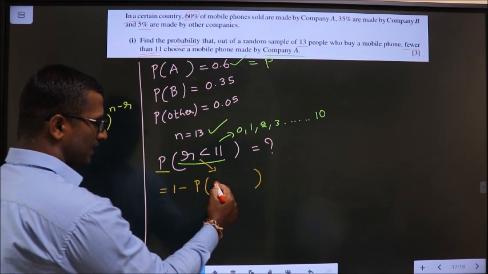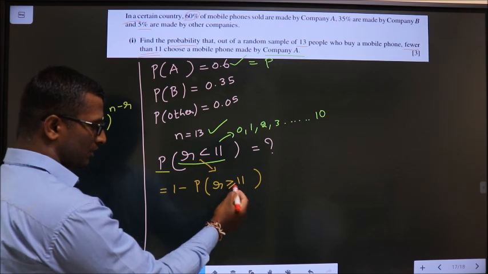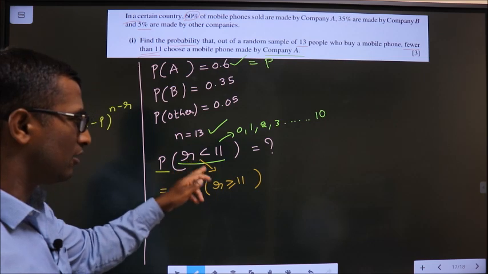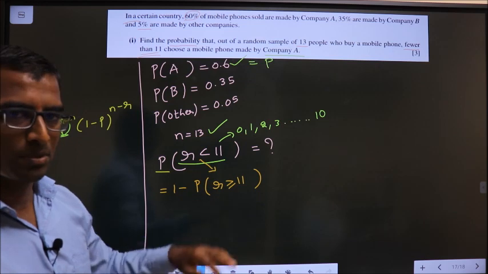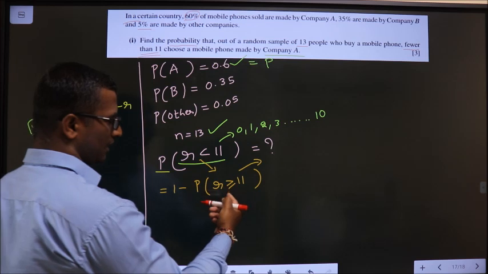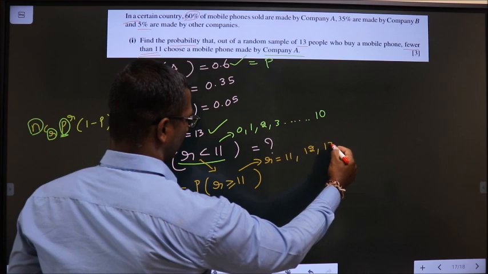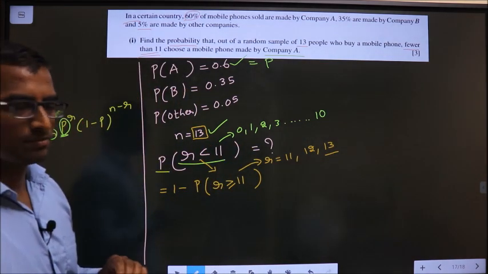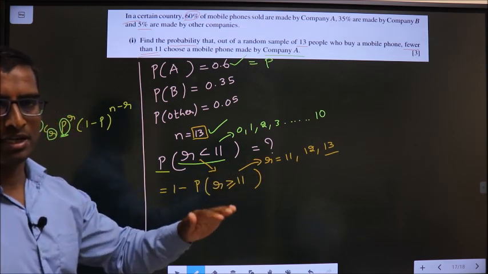So here it is less than, so you write greater than. Here you don't have an equal to symbol, so here you put the equal to symbol. It is a rule man. Whenever you are doing 1 minus, write the opposite of the condition here. Clear? If equal to is not present, you put equal to. So now the values that r can take are 11, 12 and 13. I stop at 13 because n is 13. Clear? So by doing this step, I have successfully decreased the values for r.